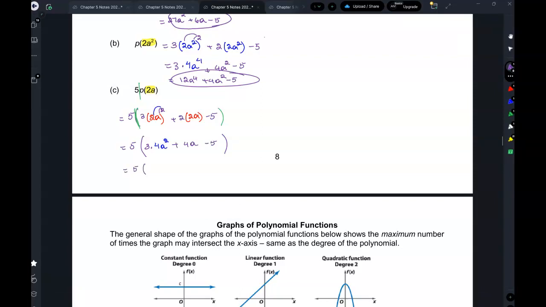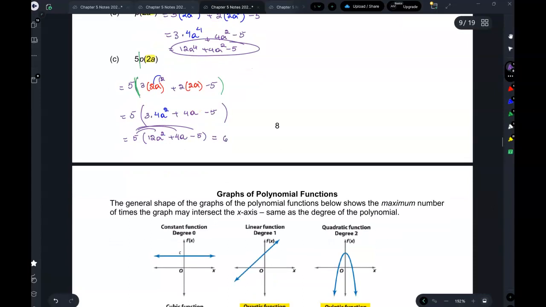So this is 5 times 3 times 4, 12a squared plus 4a minus 5. Distribute all the 5s. 5 times 12, 60a squared plus 5 times 4, 20a minus 25.